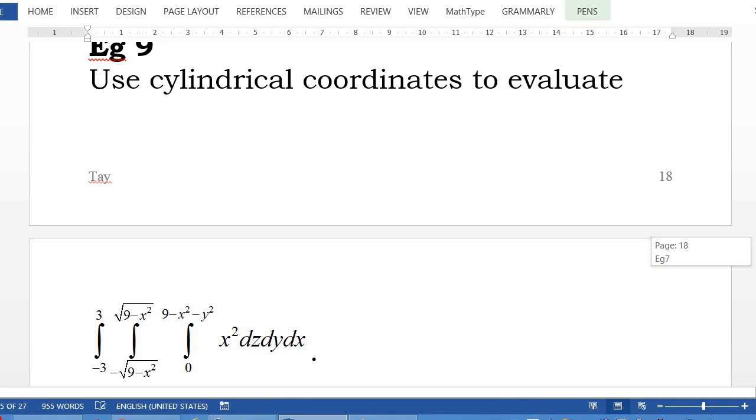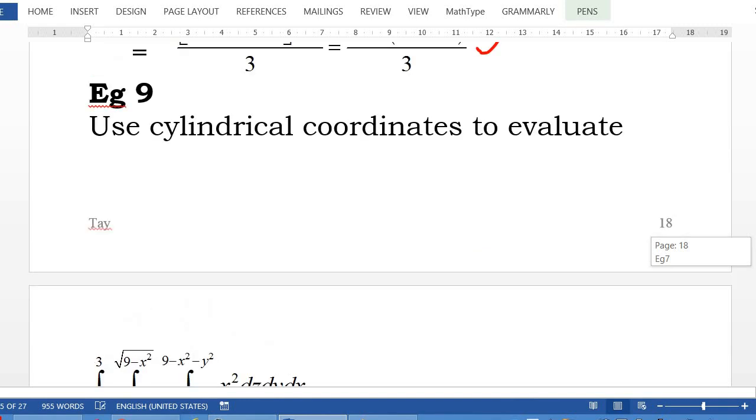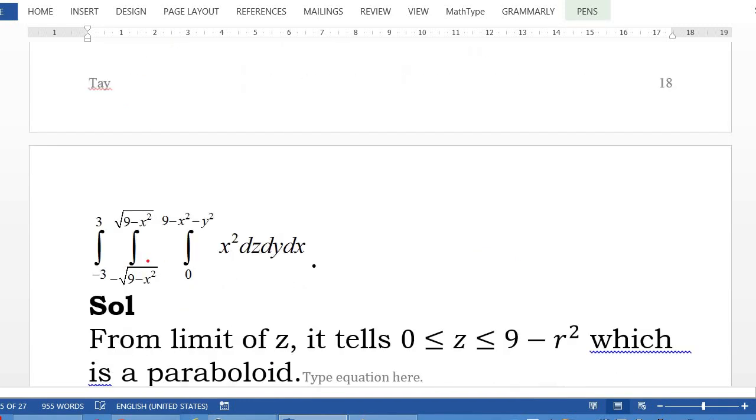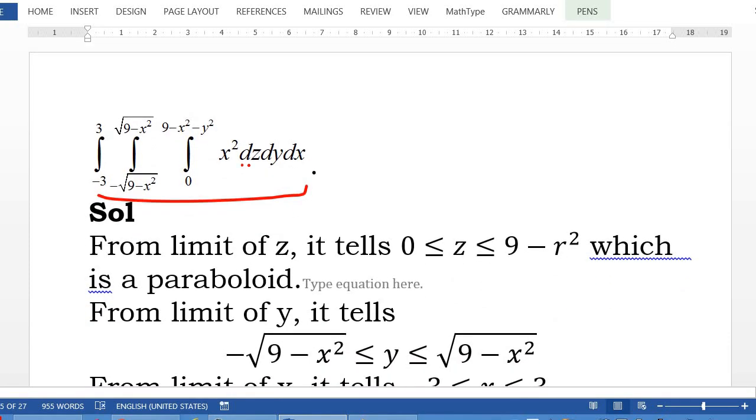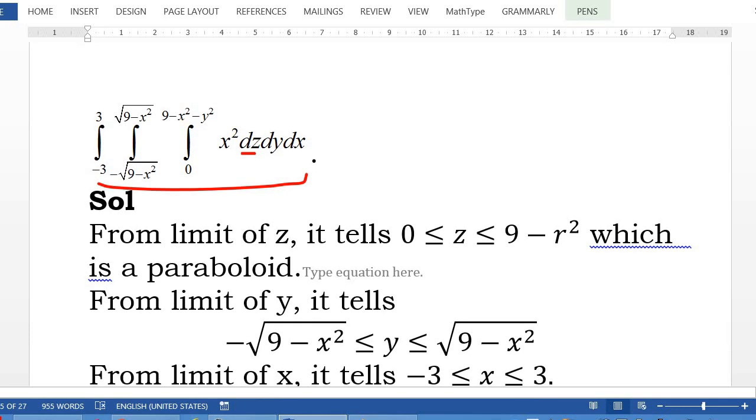Lastly, the last example: use cylindrical coordinates to evaluate the triple integral in Cartesian coordinates. Notice this is integrated with respect to z. The limit of z is from 0 to 9 minus x squared minus y squared.